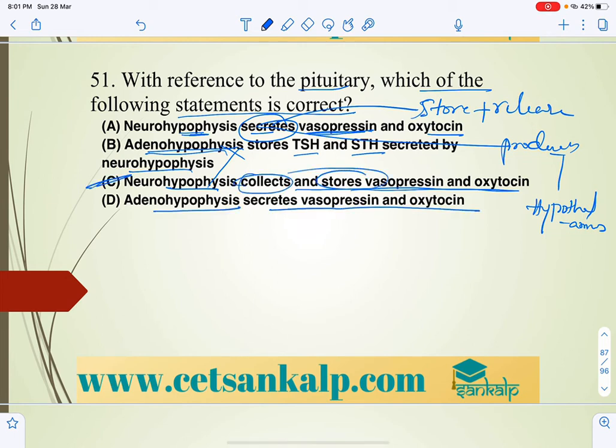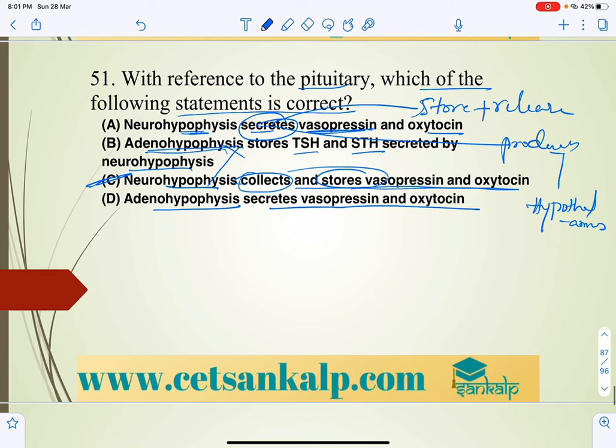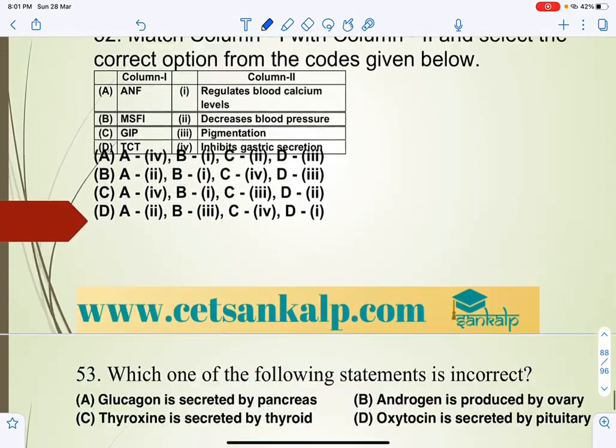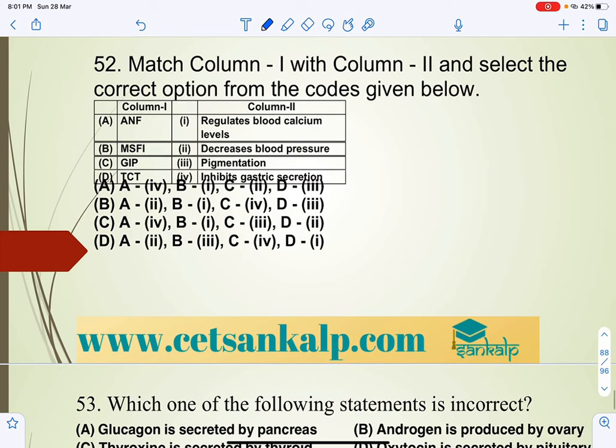Adenohypophysis secretes vasopressin, oxytocin, wrong. So C is the correct statement with reference to the pituitary. So 51, C. Next, atrial natriuretic factor, right?